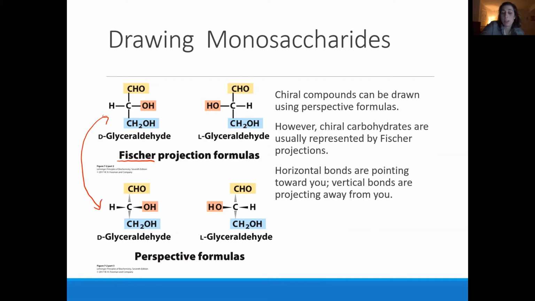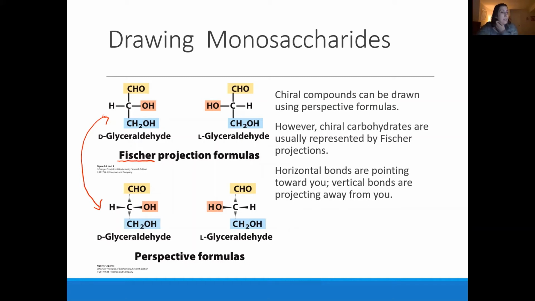So Fischer projections are a simplification of 3-dimensionality. And what they really mean is that the things that are in the horizontal plane are coming up, so they are wedged up at you. And the things that are in the vertical plane here are going down and away, as shown in these drawings here.